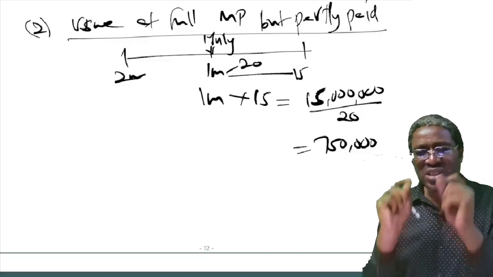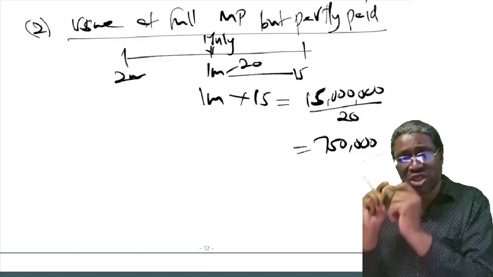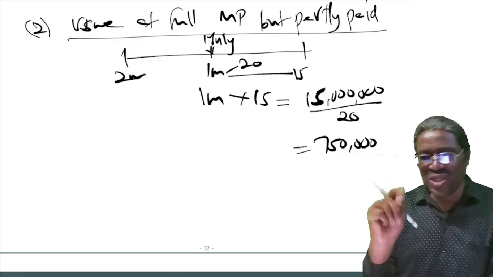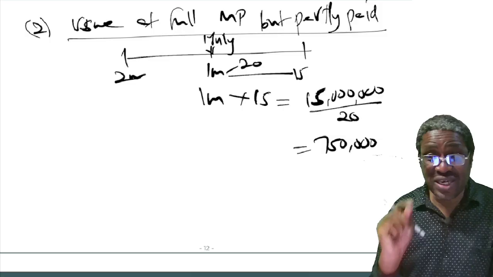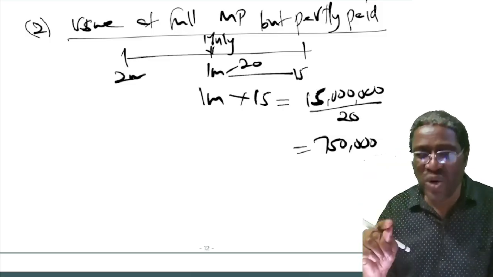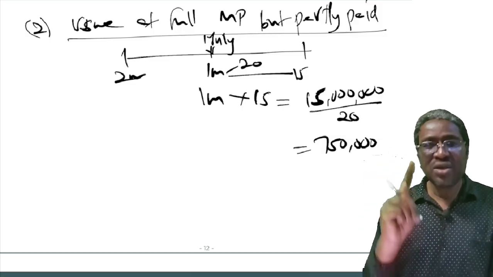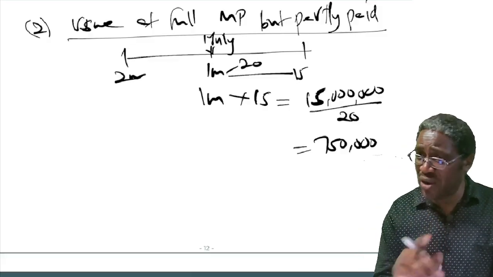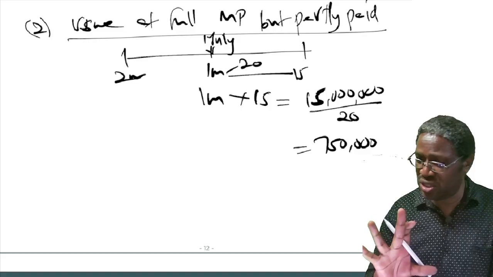Now, those 750,000 shares out of the 1 million are the shares that are considered to be fully paid. Fully paid. So now I'm giving you the key point.